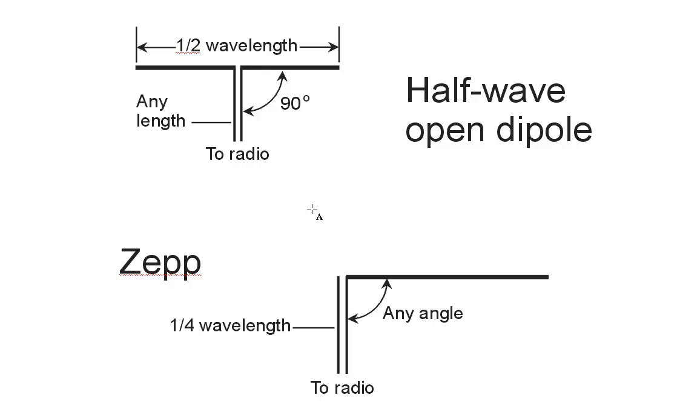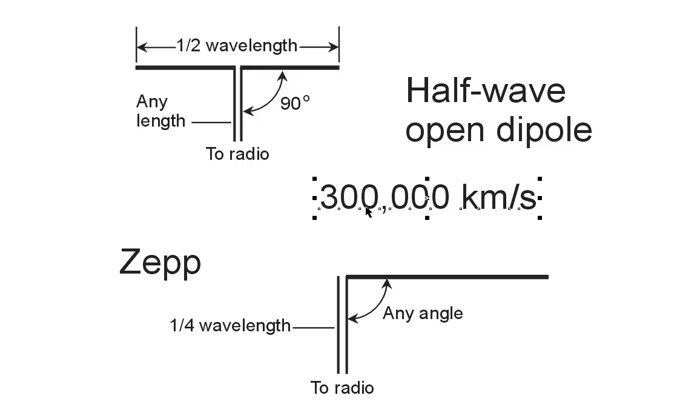Well, you may remember that the speed of light in free space is approximately 300,000 kilometers per second. But along a wire like this, the speed is only about 90 to 95% of that value.